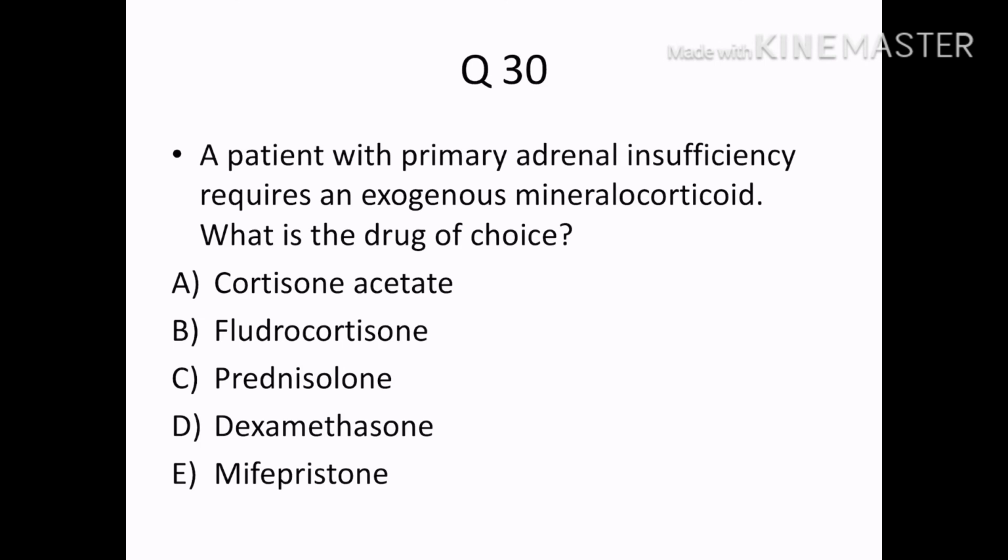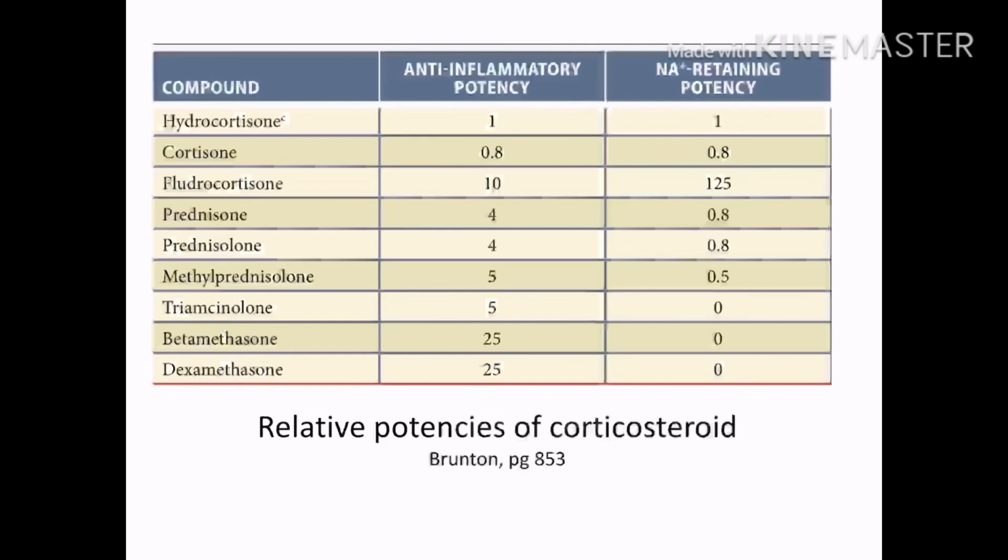Now, you have to tell me which is the drug of choice. If you look at this table that mentions the relative potencies of various corticosteroids, you will see that different corticosteroids have different glucocorticoid or anti-inflammatory potency and different mineralocorticoid or sodium retaining potencies. All these potencies are compared with hydrocortisone, which has the potency of 1 in both glucocorticoid and mineralocorticoid.